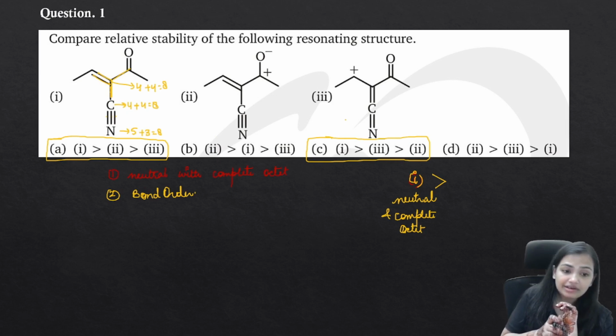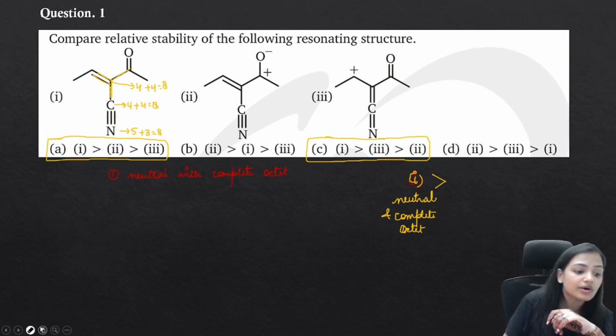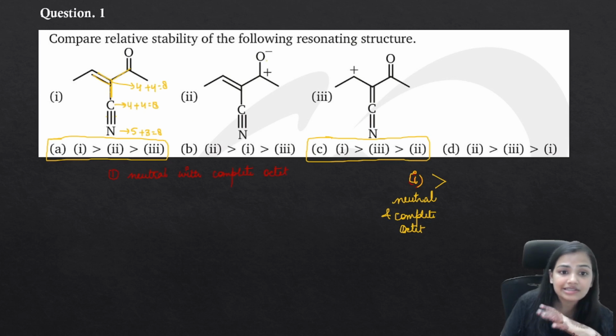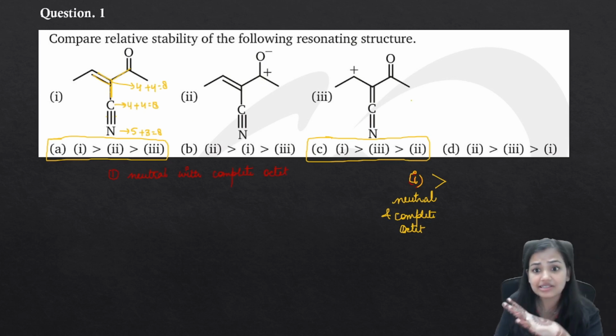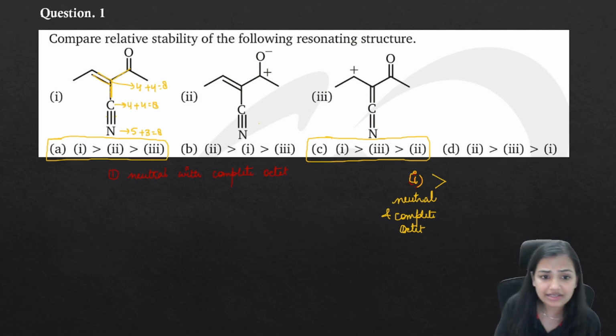So irrespective of moving on to step number 2, with the priority order 2, let us see, these are the charged species, but what about their octet? Let's have a look at their octet, and then we will move ahead. Are you getting the point? Focus on this nitrogen.